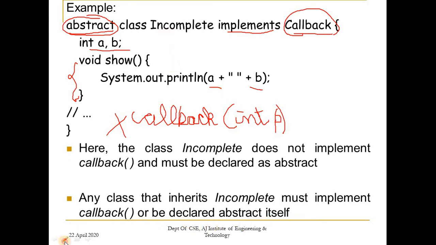So whenever you create a subclass of the class Incomplete, in the subclass you can implement the Callback interface, or that subclass also must be declared as abstract. Any class that inherits the Incomplete class must implement Callback, or be declared as abstract itself.